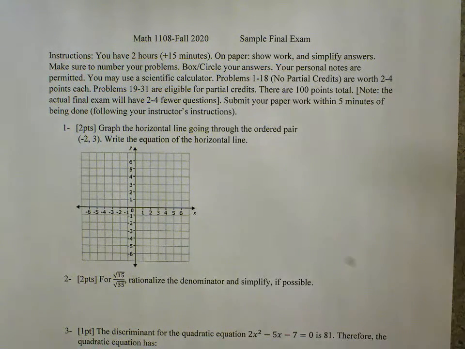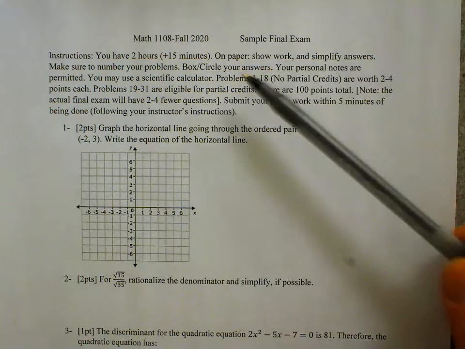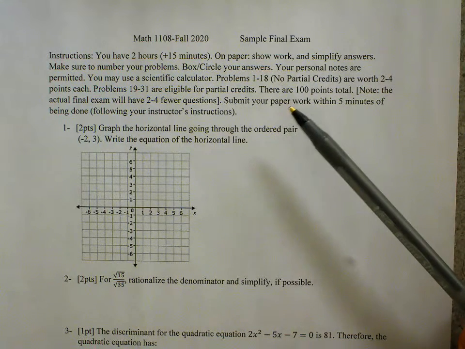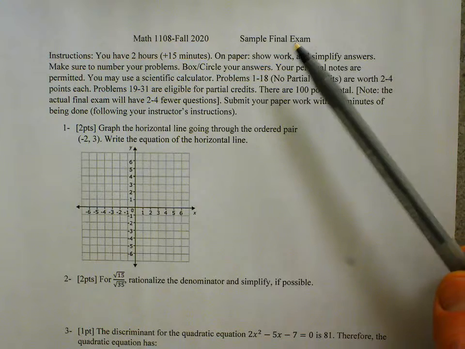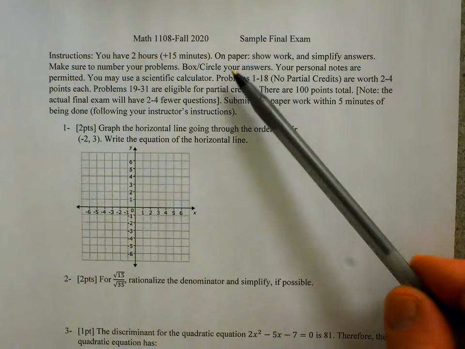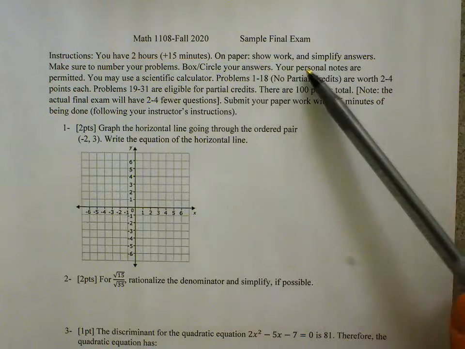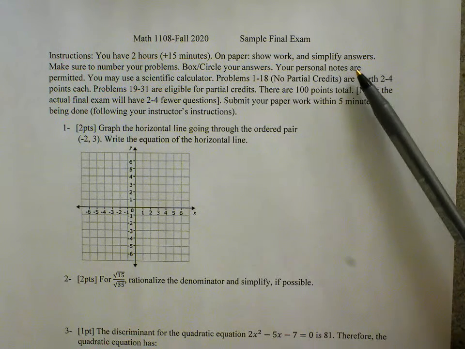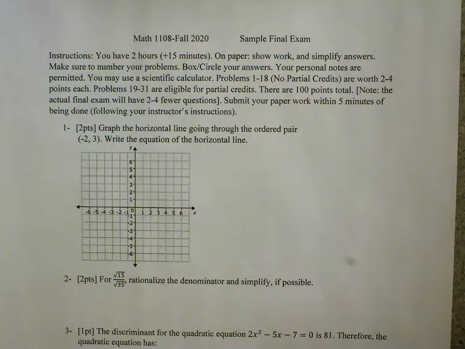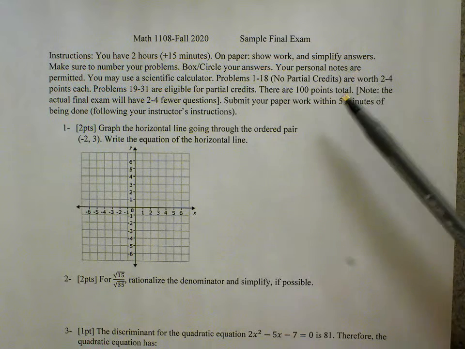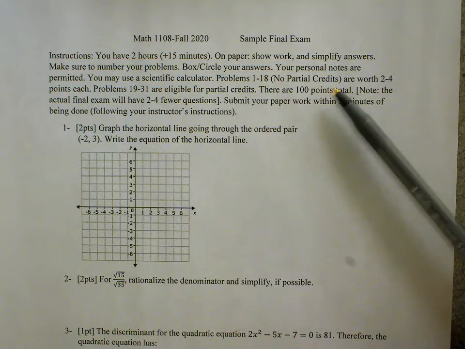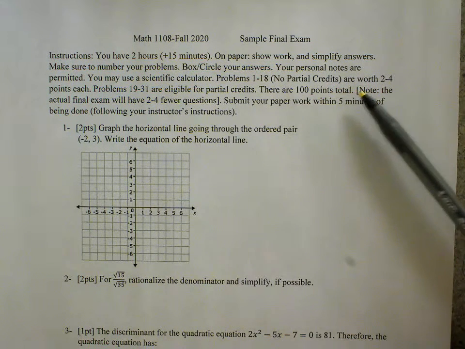These instructions are similar to what you'll see. You'll have 2 hours plus 15 minutes. When you're taking the Newton final exam, you should still show your work on paper and simplify answers. After you take the final exam, email your final exam papers to me.